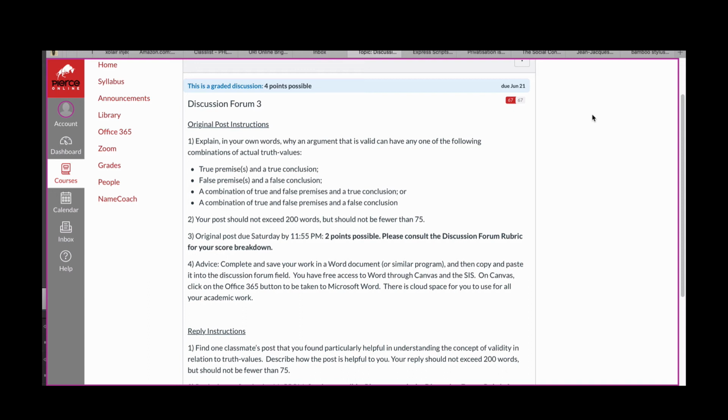Or another way to put it is, a valid argument is one in which the premises guarantee the conclusion. Now, this means that when you have a valid argument whose premises aren't all true, the conclusion may be true, may be false, doesn't really matter. So the distinction here is between what's actually the case versus what has to be the case on the assumption that the premises are true.